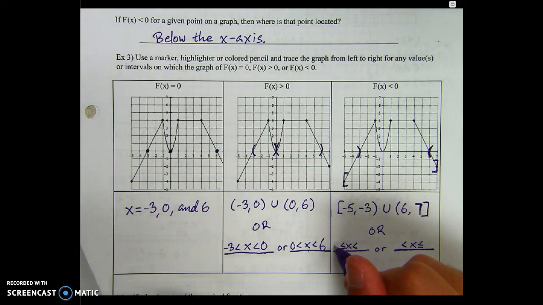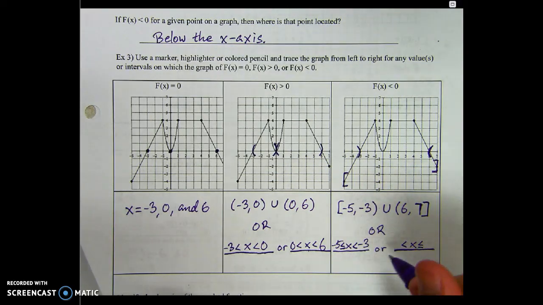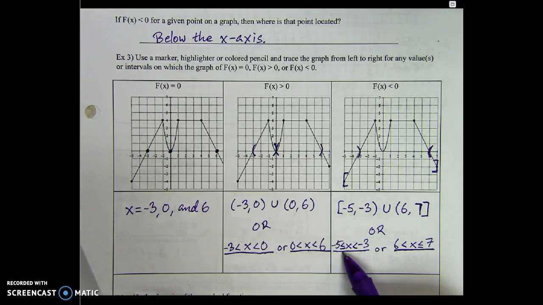So my numbers are -5 here, -3 there, or 6 here to 7 there. So x is between -5 and -3, including -5, excluding -3, or x is between 6 and 7, excluding 6, but including 7. All right.